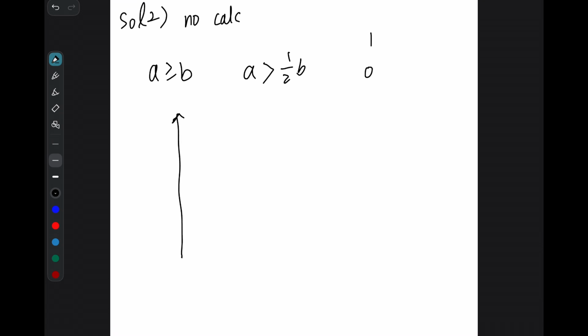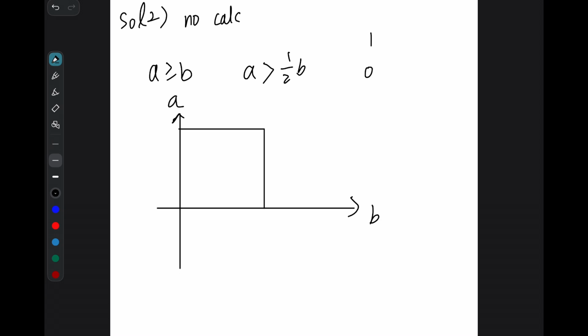If we're not using calculus, then we can't do this since this is in the real number range. So therefore, we need to set the x and y axes to A and B. And then we need to calculate the area where this actually satisfies, and then divide it from 1.